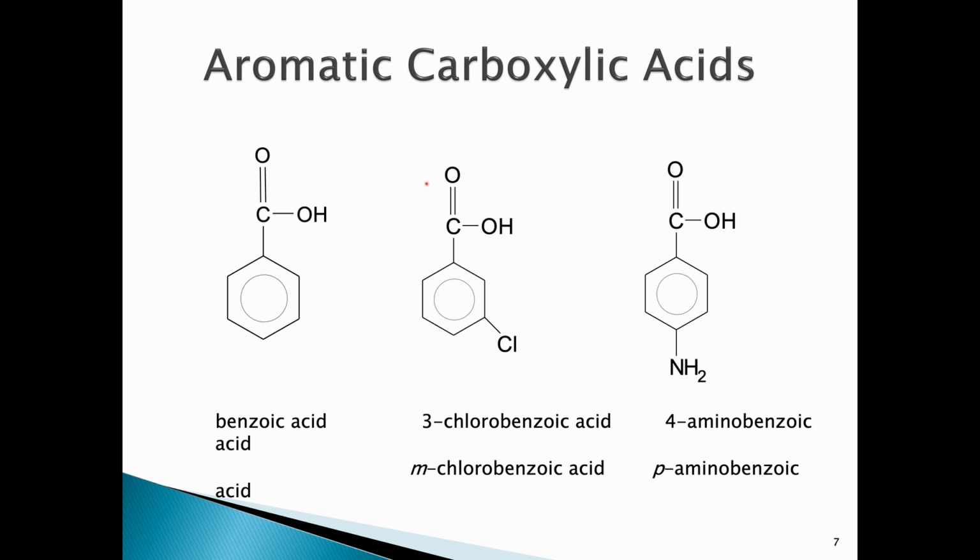You have your carboxylic acid group and the respective substituent. Here you have your chloro. It's on the 3rd carbon, so it's your 3-chlorobenzoic acid or your meta chlorobenzoic acid, or your M, which represents your meta. And then you have your P for your para or your 4th position on your benzene ring.